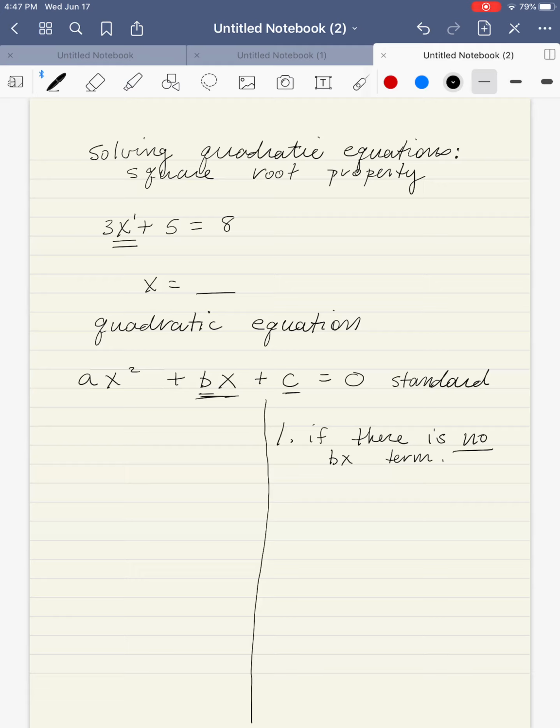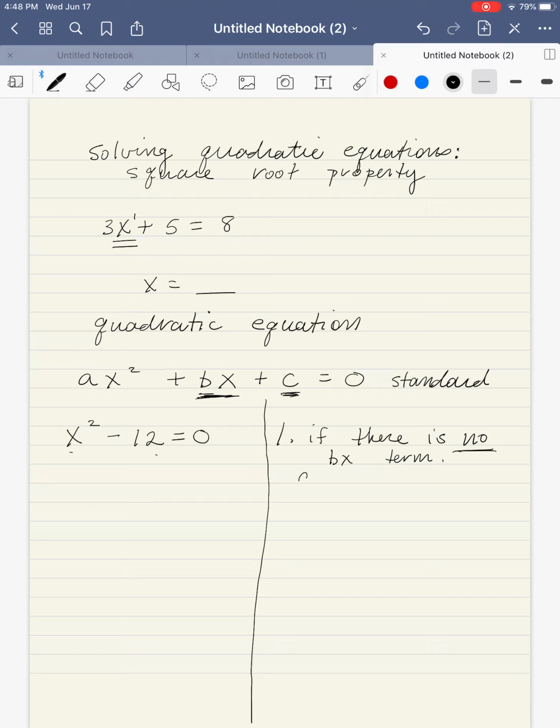So our first step, if there is no bx term, for instance, let's say that we have an equation that looks like this: x squared minus 12 equals 0. Notice we have the x squared term and we have the constant term, but we don't have the term with just an x in it.